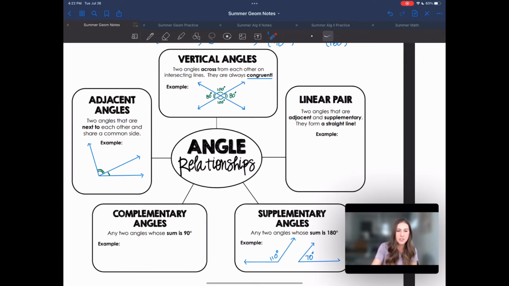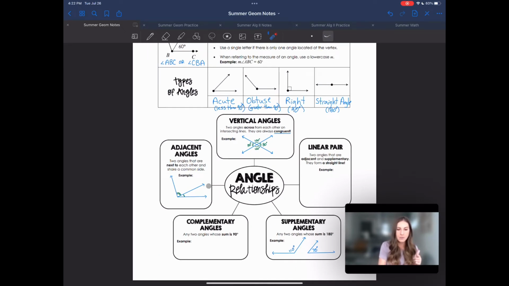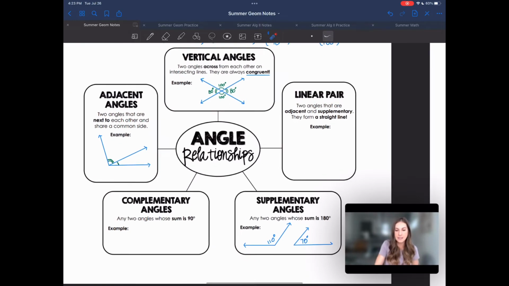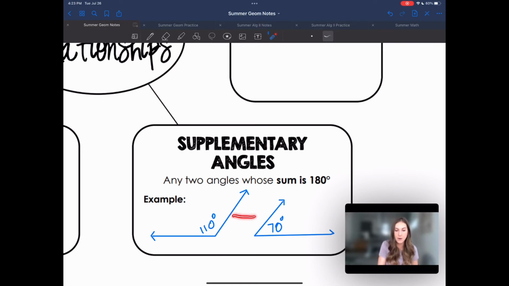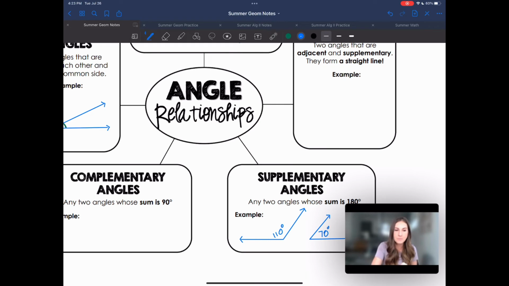So try to think to yourself, like, how could you draw a picture where the angles are adjacent to each other and they're also supplementary? Think about what that picture would look like. Really, you can achieve that if you take this picture and you eliminate this gap in the middle right here. If you eliminate this part and you push those two angles together, they'll still be supplementary, but then they'll also be adjacent.